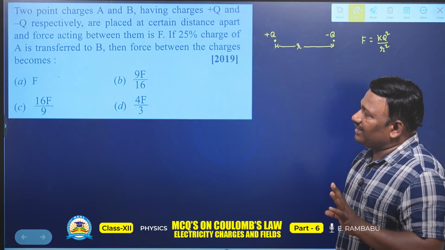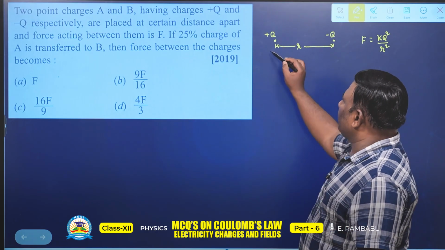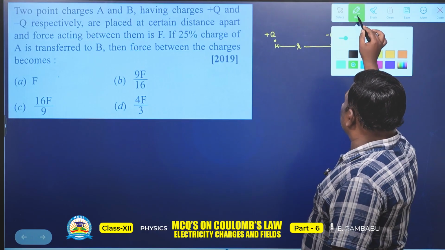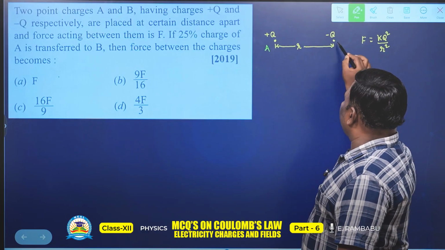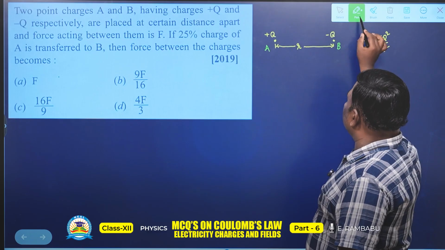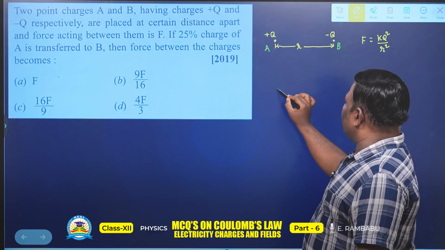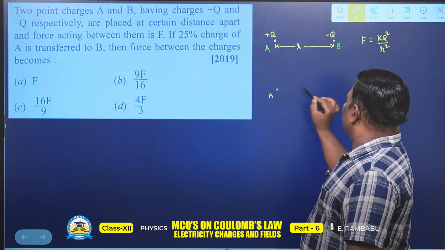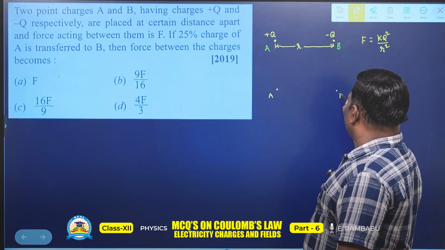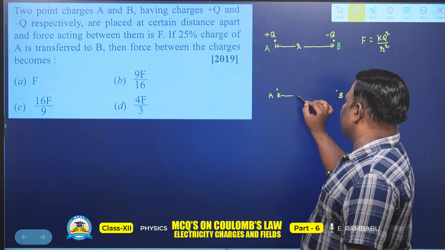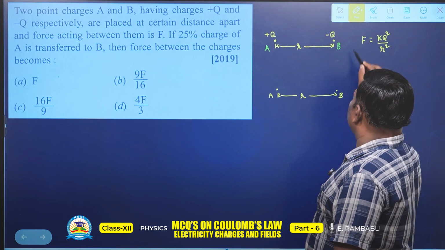25% of charge of A. I am going to assume the first positive charge is A and the negative charge is B. See the concept they have given here: point A and point B, the separation does not change, they change only the charge.